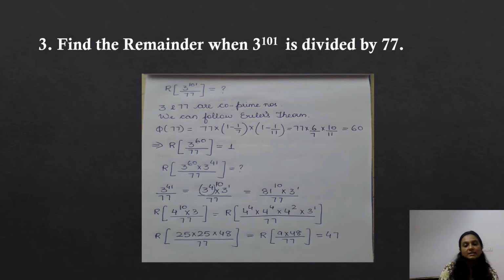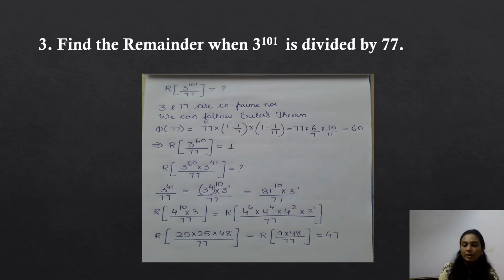When you divide 81 by 77, you get the remainder 4. Therefore, the remainder of 4 power 10 into 3 power 1 divided by 77. Again, the expression 4 power 10, we are trying to break it into small numbers so that we can find the remainder when divided by 77.